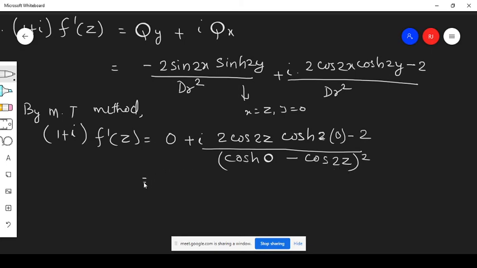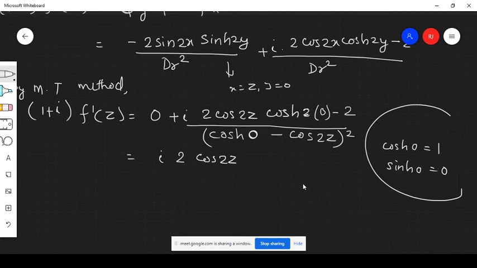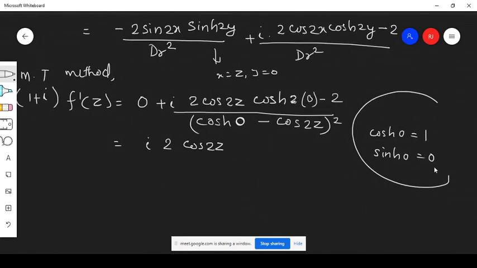Now this is equal to i into, see, numerator you can have a 2 common. I into 2 cos 2z into, now cosh 2 into 0 means it is cosh 0. Cosh 0 is 1 and sinh 0 is 0, so you need to remember this. So cosh 2 into 0 becomes cosh 0 and that is 1.